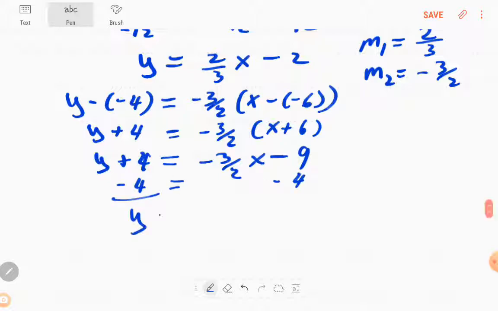So we have y equal to minus 3 over 2x minus 13. Okay, and this is our answer here. This would be the equation of a line perpendicular to the given line.